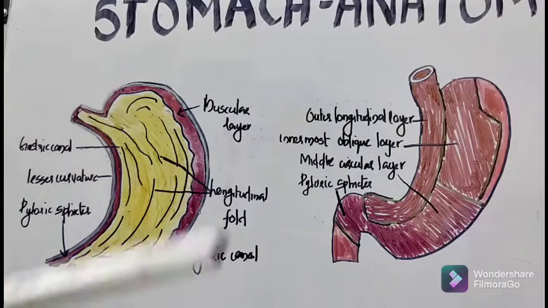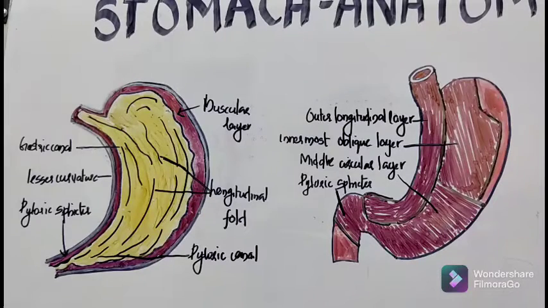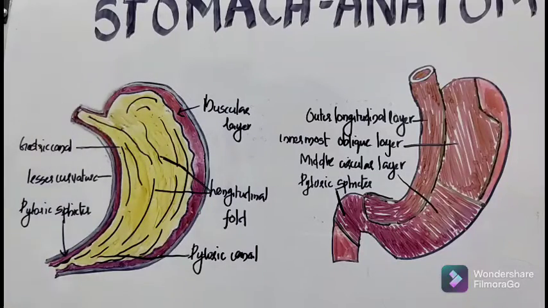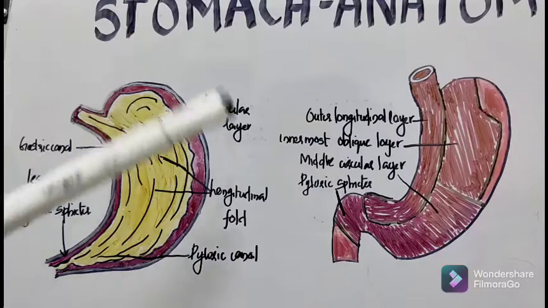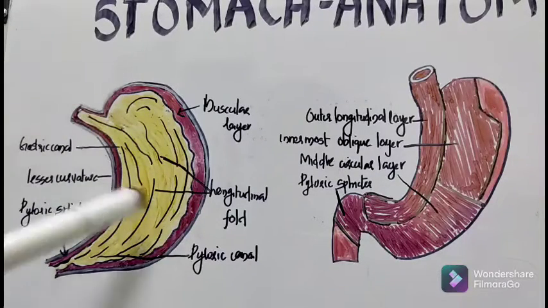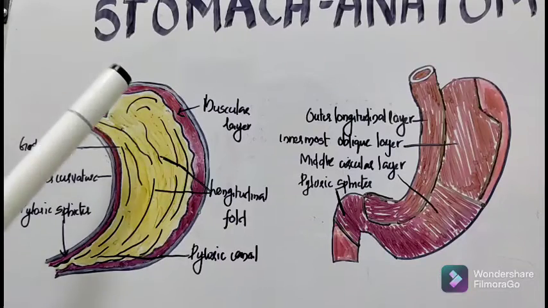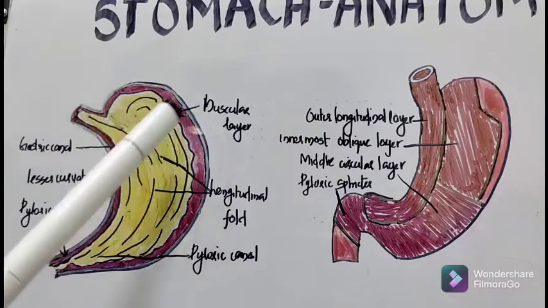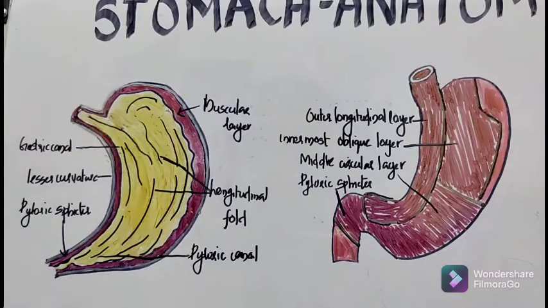Today we discussed mainly the interior of the stomach. The stomach has 4 layers from inside to outside: mucosa, submucosa, muscle layer, and the outermost serous layer. We didn't discuss much about the serous layer. The innermost mucosal layer contains the rugae, which are folds of mucosa, and gastric pits into which the gastric glands open.